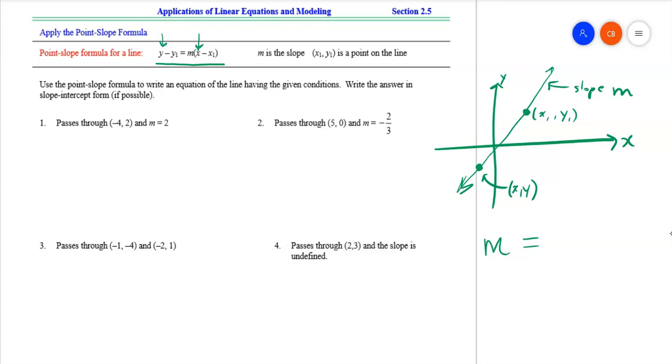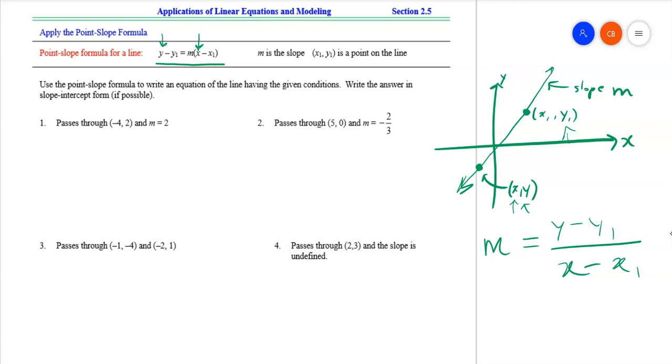For the purposes of this example, I will pick this point as the first point. So it would go y minus the y coordinate for the second point, which is y1, and then we would divide by the change in x, going from x to the other point x1, so x minus x1.